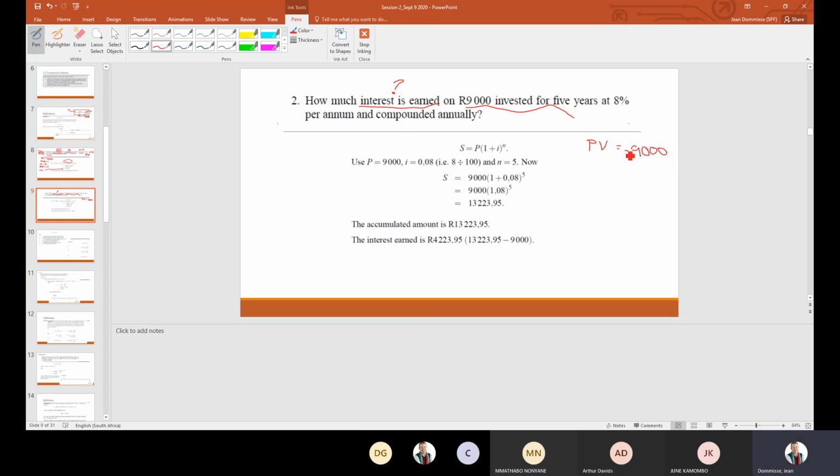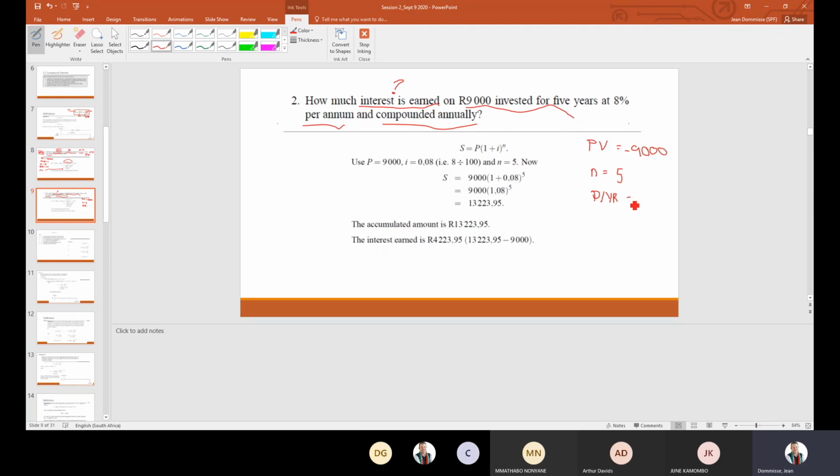Again, remember the negative so that the future value that will come out is positive. Over 5 years, so we know N is equal to 5 at the 8% per annum, compounded annually, so we know that it is happening once every year.